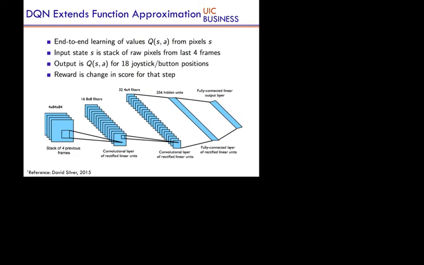With S_{t+1} and R_{t+1}, I can compute this with my function approximator. These will be the targets, or labels, or dependent variables, and the independent variables will be Q of S_t comma A_t.